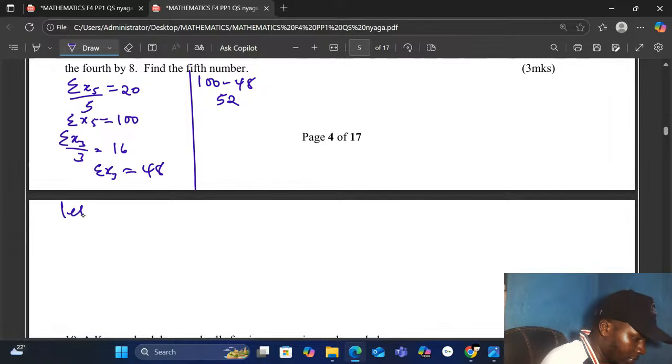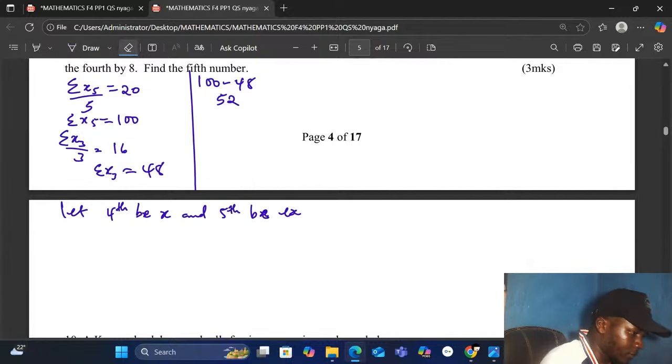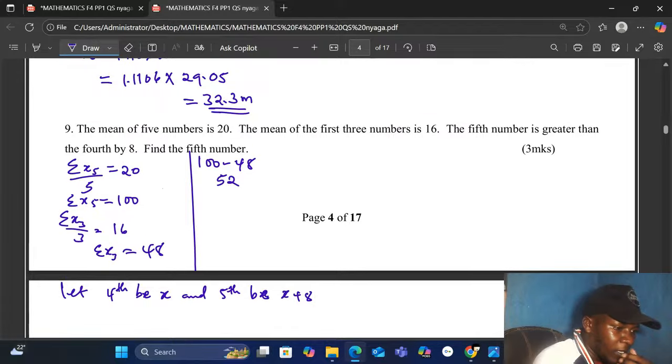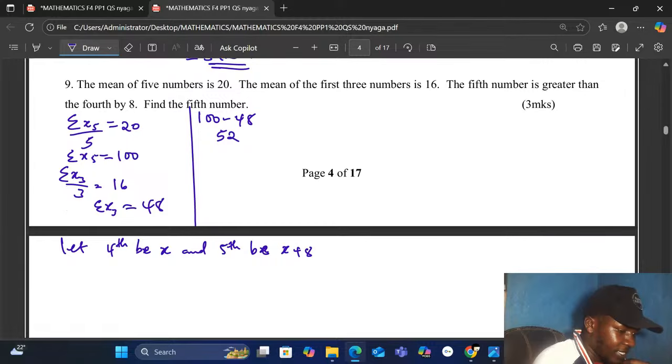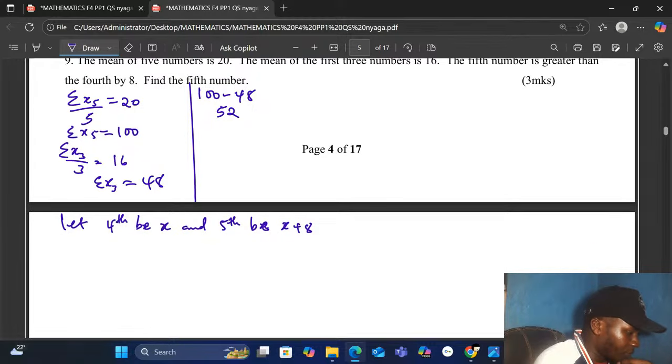Now let the fourth be x and the fifth be x plus 8, because they are saying the fifth number is greater than the fourth by 8. So if the fourth is x, then the fifth is x plus 8.